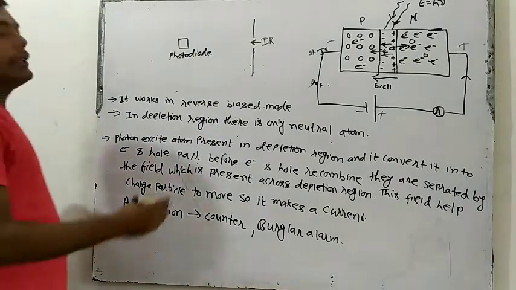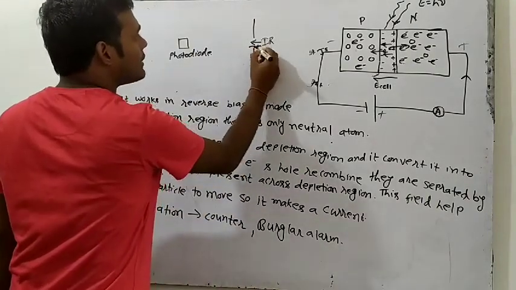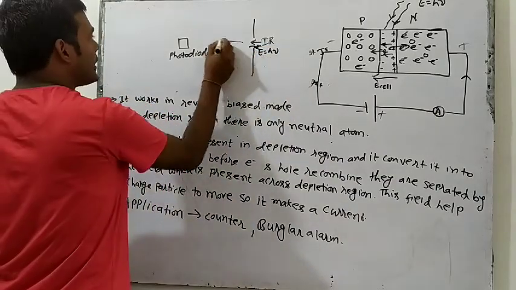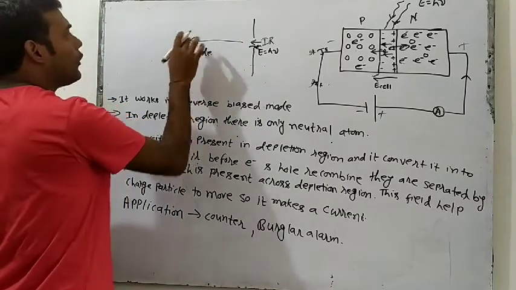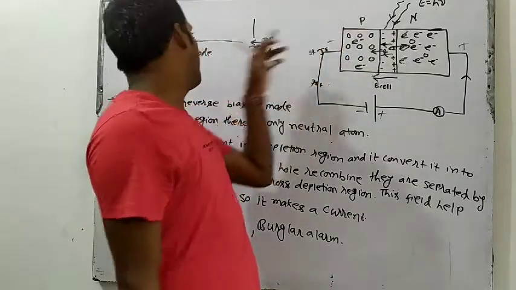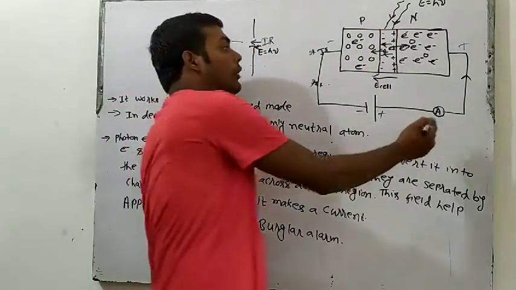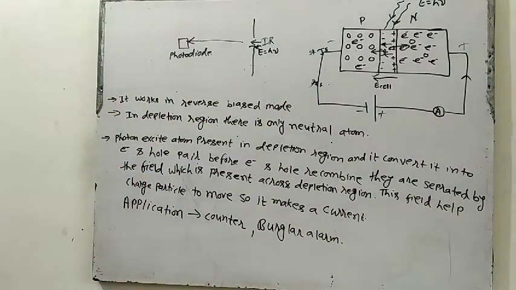So infrared is also an energy. It will have energy E equal h nu. And when this energy comes, photodiode can sense. Photodiode can sense when the light falls on photodiode. When the light falls on photodiode, photodiode will start making current.